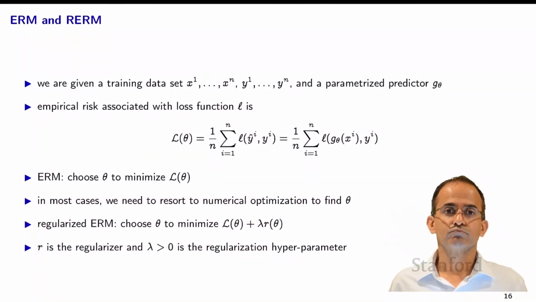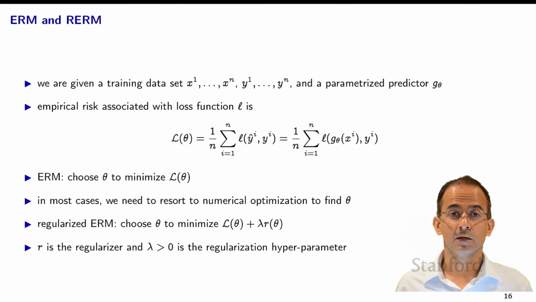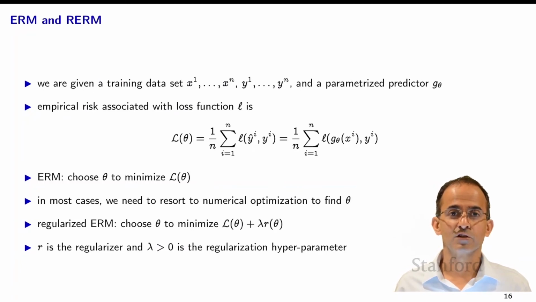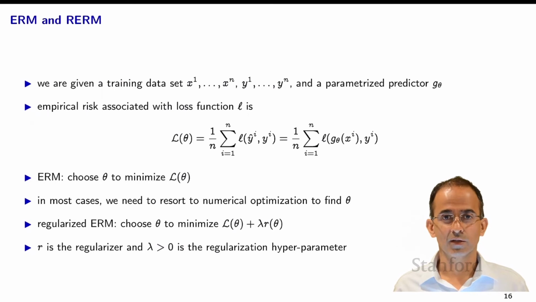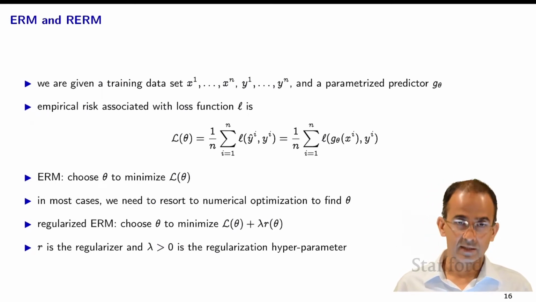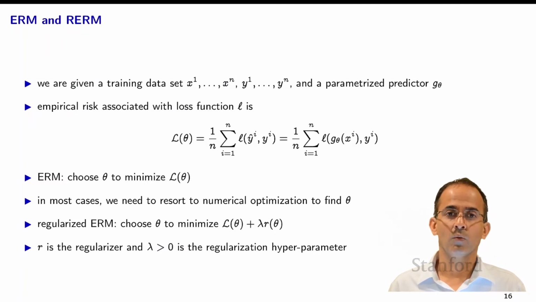So we're given a training data set, xi, yi pairs, for i's 1 up to n, and we've got a parameterized predictor, g theta. And empirical risk minimization simply says, what we do is we minimize the average loss function over theta, where the loss is evaluated at y hat i and yi.